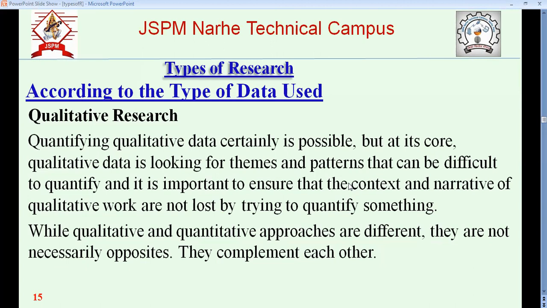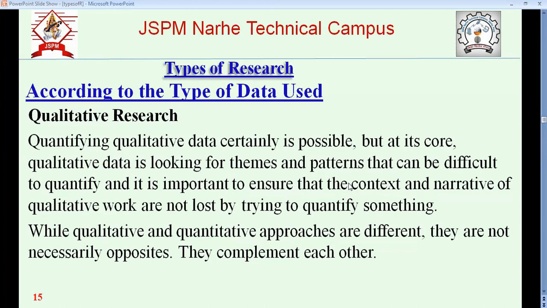So it is possible to quantify. But what happens when we quantify? What meaning it gives, that we are doubtful. Like the example that I will give, can we quantify that? In that case, I will explain.